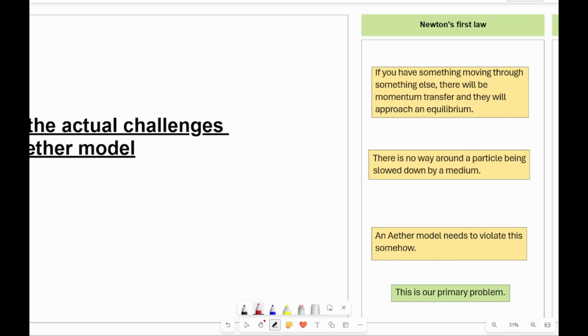However, if we have Aether, then we have a medium, and so we have to figure out how Aether can violate this principle somehow, so that objects in motion can stay in motion. And so this is ultimately going to be our biggest problem that we need to focus on.